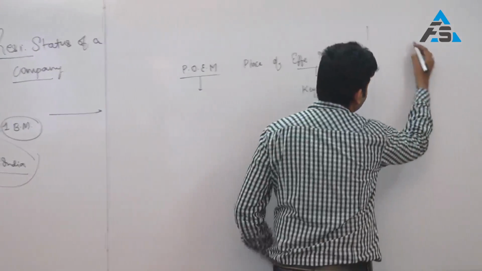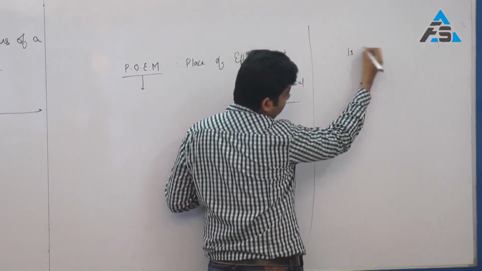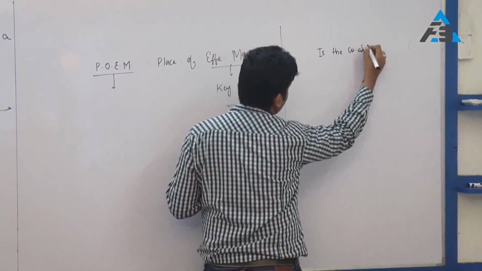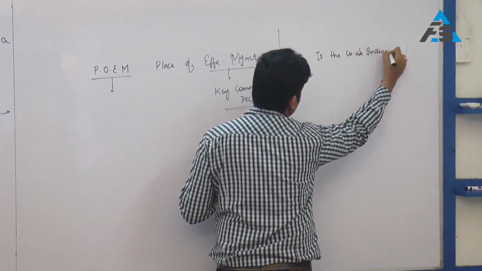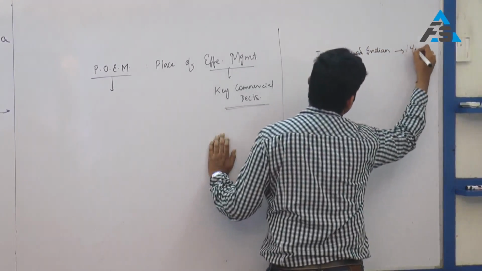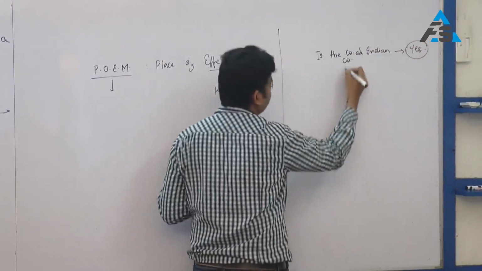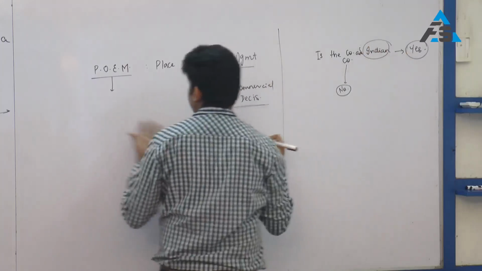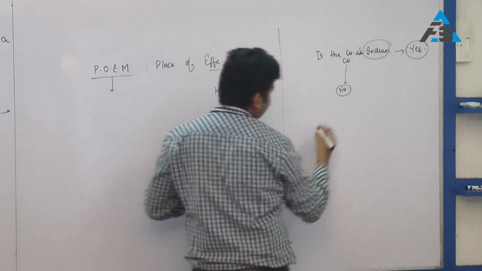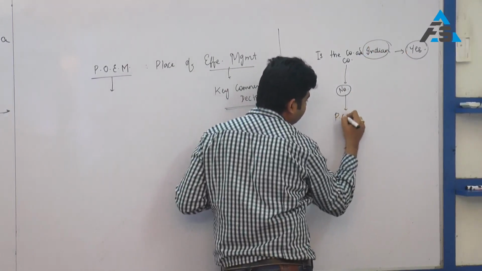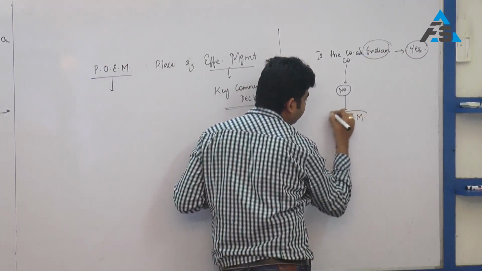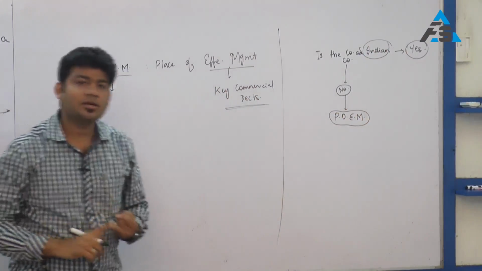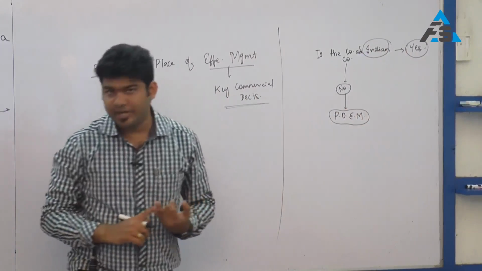So let's draw this in the form of a flowchart as we have in the supplementary. Is the company an Indian company? If the answer is yes, no need to move on. If the answer is no, if it is not an Indian company, that means it is a non-domestic company, a foreign company, then we will see what its place of effective management, POEM, is, where key managerial and commercial decisions of the company are made.